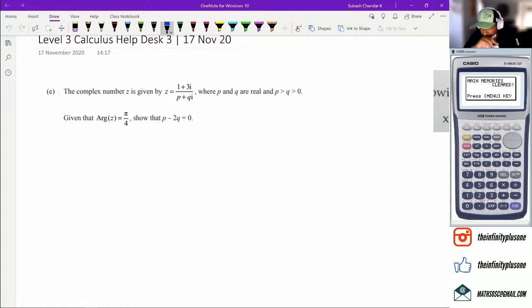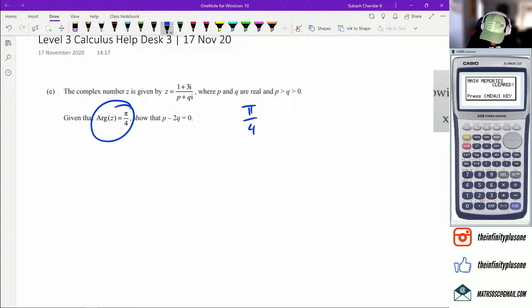So with this question here, what we've got is Z, and we're also being told that the argument of Z is pi over 4.